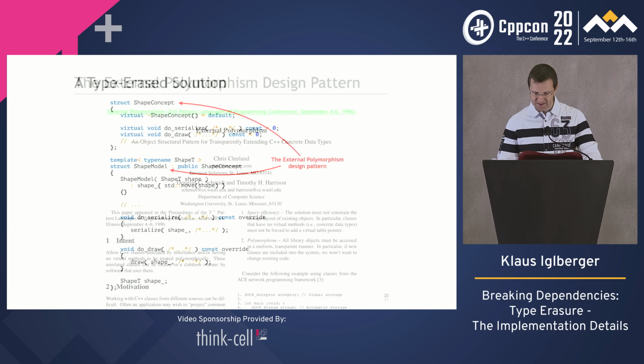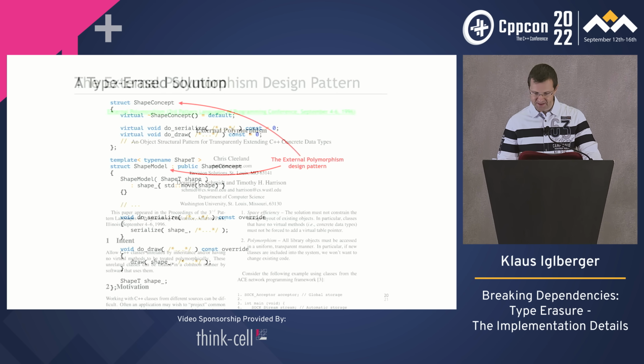Of course, I move this shape into that model and initialize my data member called Pimpl. So this is, again, a unique pointer of a shape concept. So if I have a circle, and if I put it in this constructor, then what this essentially does is it creates a model, instantiates this.